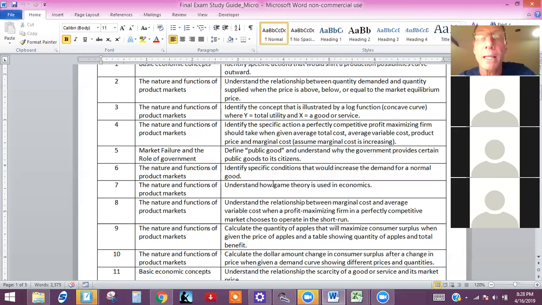So think about anything that could shift a demand curve to the right for a normal good, something that someone would buy. Now, a normal good would mean something you buy more of when you get more money, right? An inferior good is something that you buy less of if you have a higher income, right?